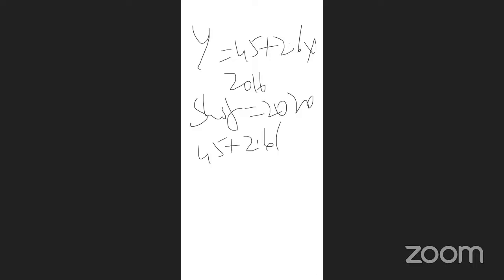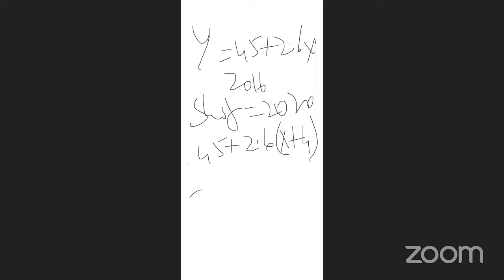This is the origin of 2016. You have to shift it to 2020. So that means 4 years. So your 45 plus 2.6 into x plus 4. Forward always you have to take x plus 4. Backward you have to take x minus so and so. So it is a 4 years difference which is shifting now.